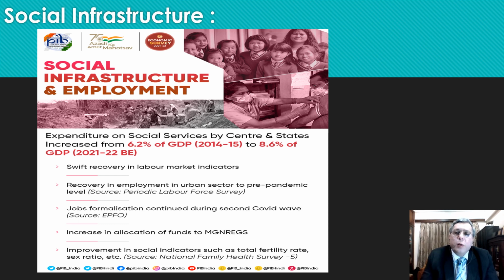Huge amount of money has been spent there to ensure that people who lost jobs, who were unemployed, who had gone back to the rural areas, could get employment through public works that the government undertook under this scheme. Improvement in social indicators such as fertility rates, sex ratios, the social indicators have also been moving up.